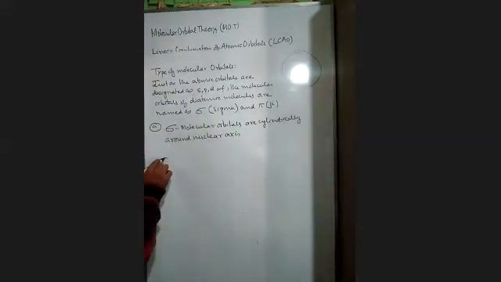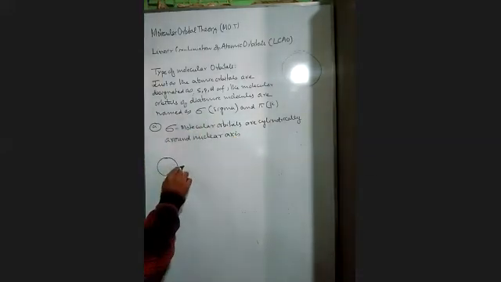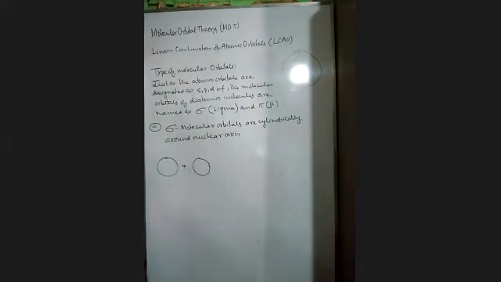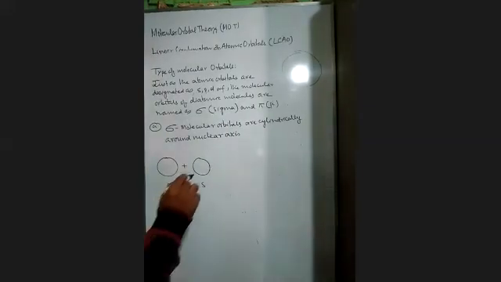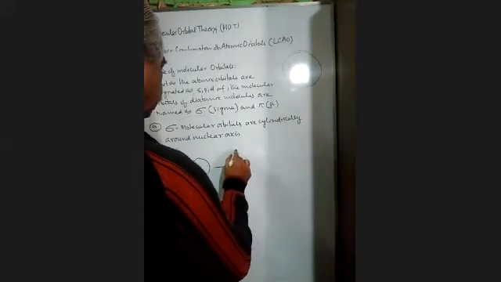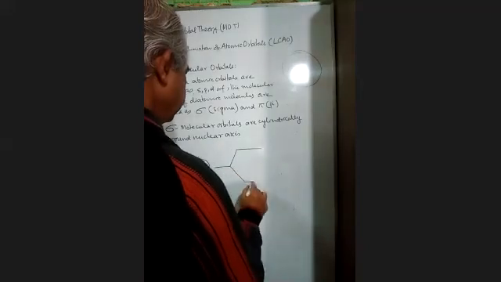So I'll draw it. Now see. This is the overlap of two S orbitals. In that case, they may go for bonding or they may not. As many orbitals as you take, you are going to have that many molecular orbitals.